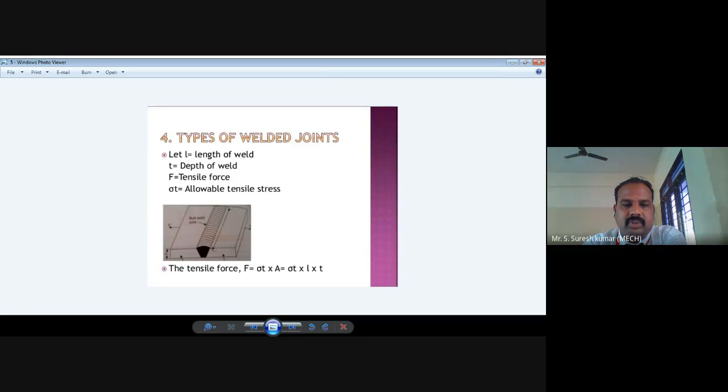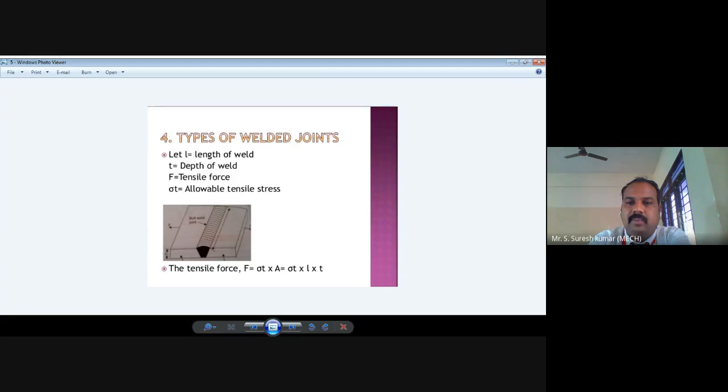If we need a square butt joint, the plate thickness must be 1 millimeter to 6 millimeter. And for a single V butt joint, the thickness of the plate must be 6 mm to 20 mm. The next type is the lap joint. In a lap joint, the two plates are overlapped each other for a certain distance.